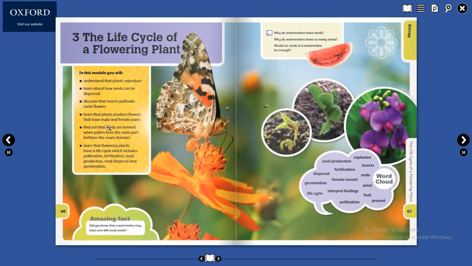Learn that plants produce flowers that have male and female parts. We will discuss this in this module. Find out that seeds are formed when pollen from the male part fertilizes the ovum of the female part. That is part of this unit as well.